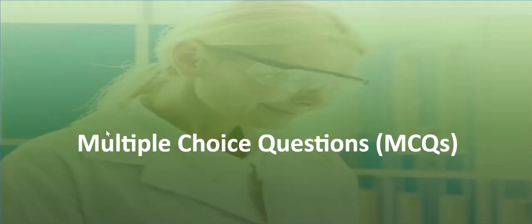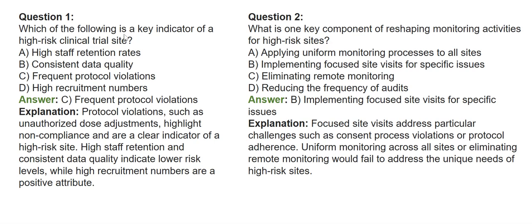After that, we will revise what we have covered through some multiple choice questions, MCQs. Question number 1: which of the following is a key indicator of a high-risk clinical trial site? A, high staff retention rates, B, consistent data quality, C, frequent protocol violations, or D, high recruitment numbers?